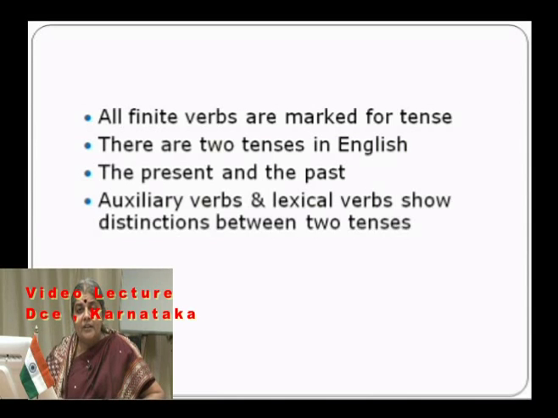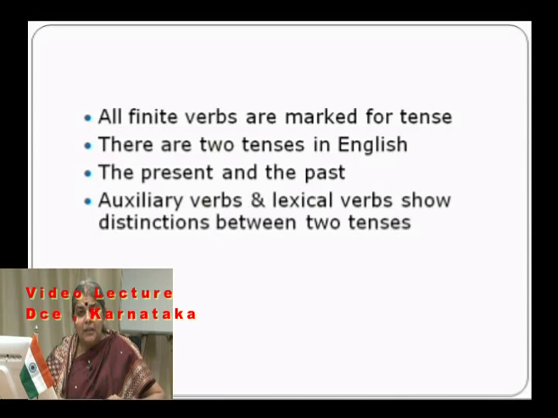The primary auxiliaries are is, am, are, was, were, have, has, had, do, did, does, primary auxiliaries. The secondary auxiliaries or the modal auxiliaries are can, could, will, would, shall, should, may, might, must, ought. These are auxiliary verbs.